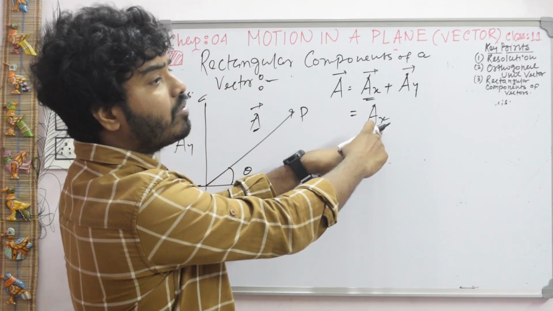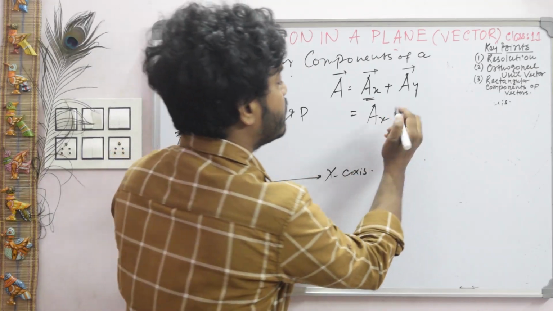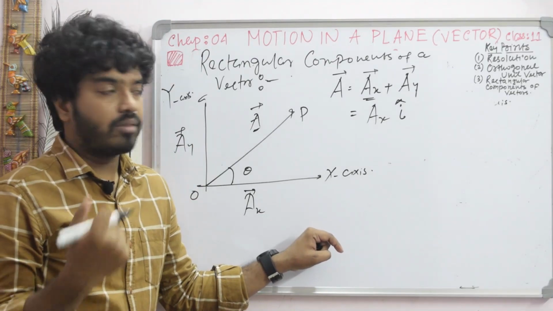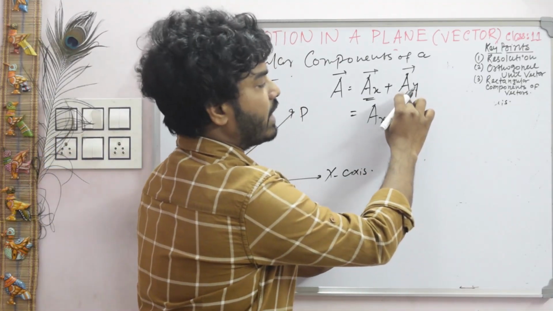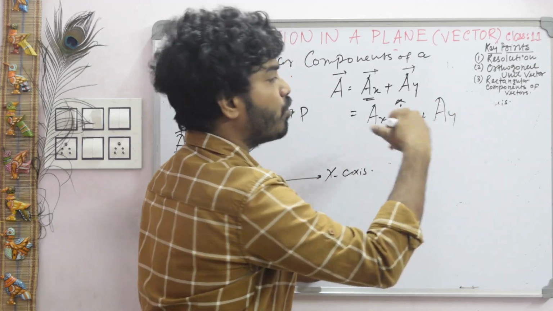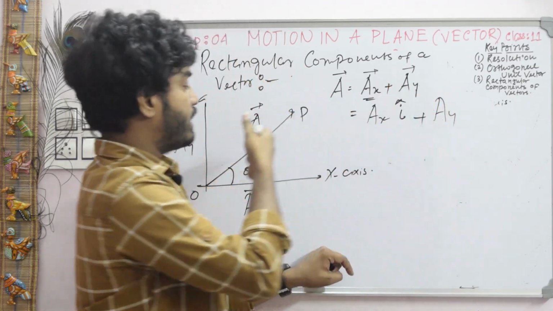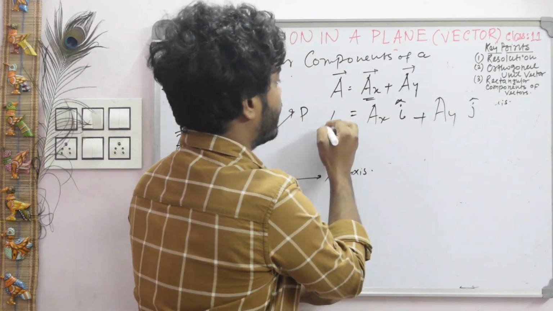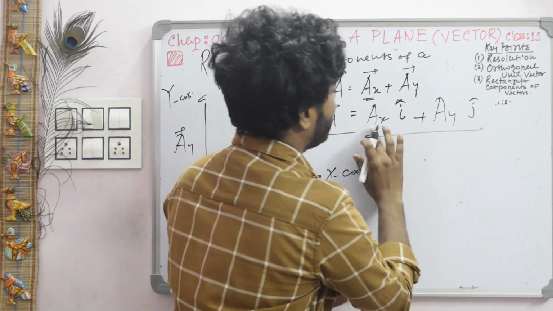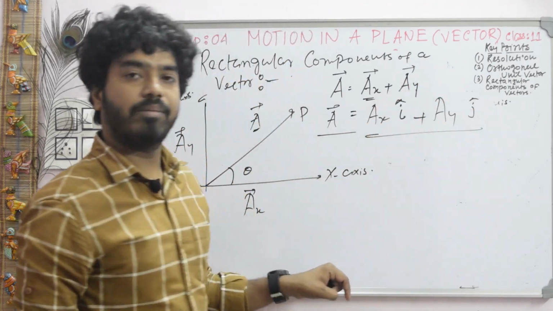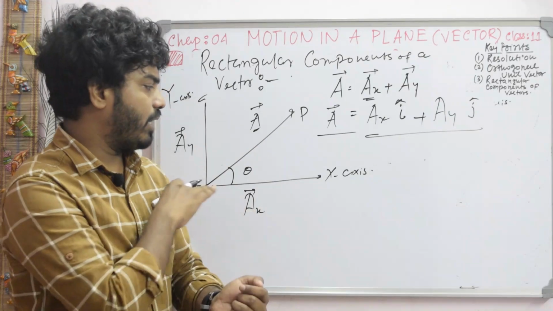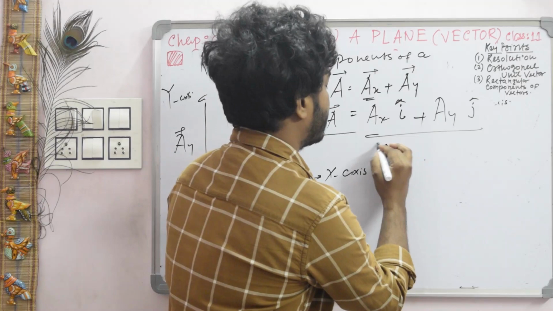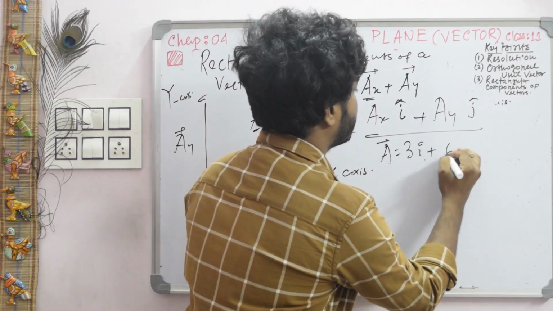The Ax vector has direction along the x-axis, represented by i cap, plus the Ay vector has magnitude Ay, directed along the y-axis, whose unit vector direction is j cap. So A vector is represented as Ax i cap plus Ay j cap. Suppose a vector has magnitude 3 along the x-axis and 6 along the y-axis. It will be represented as 3 i cap plus 6 j cap.